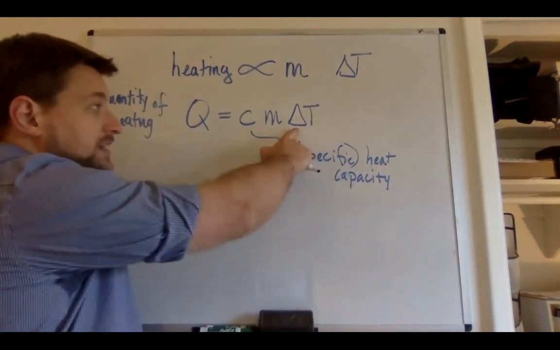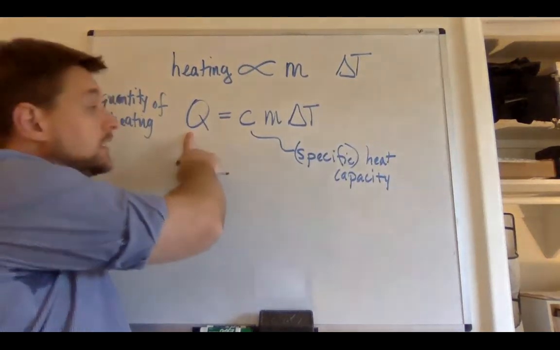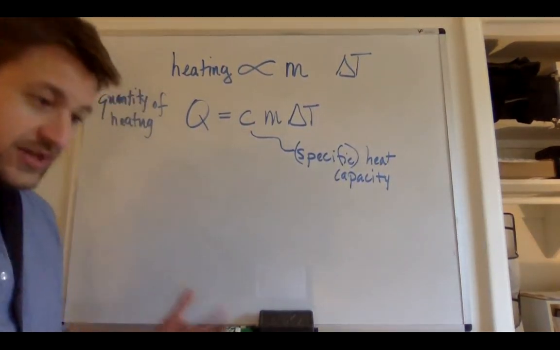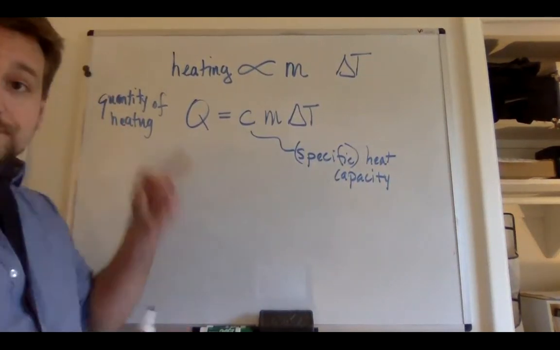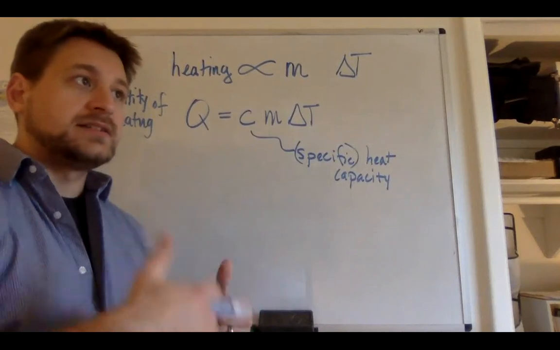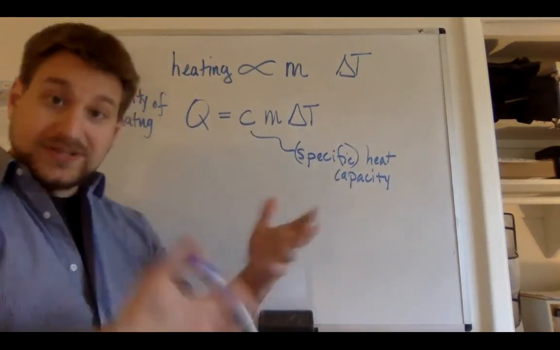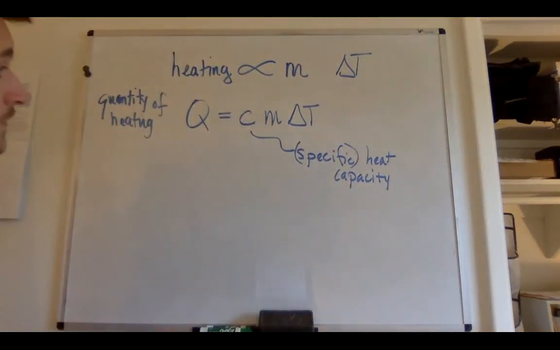And if delta T is generally small, then for the same heating, C must be generally bigger. This thing must generally be better at storing heating than another substance, because its temperature didn't change very much when we did this much heating. Cool.